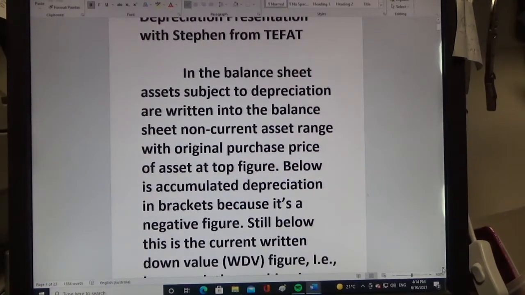So the depreciation expense for each year is posted to the profit and loss statement in operating expenses, but the accumulated depreciation figure is in the balance sheet.